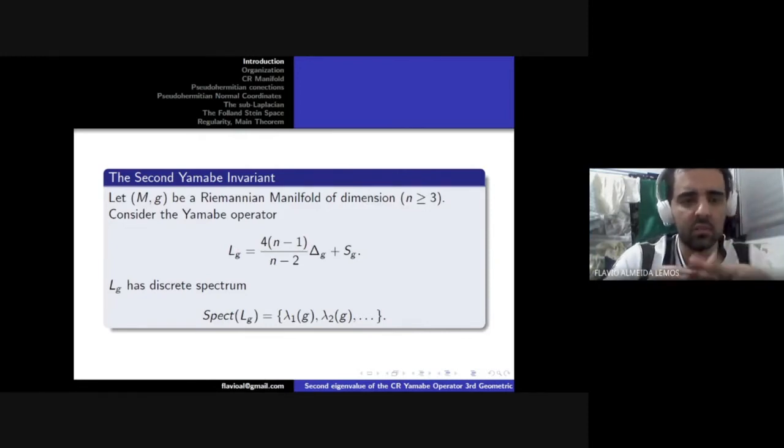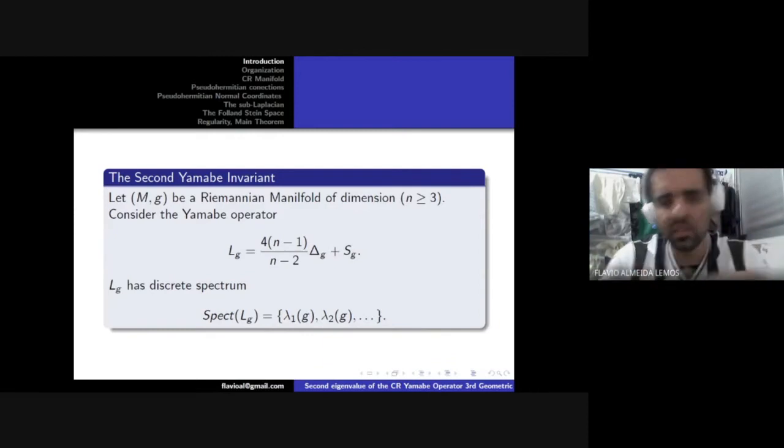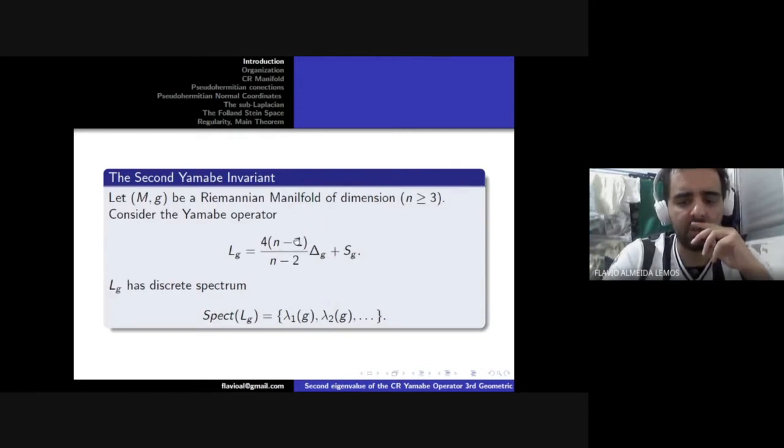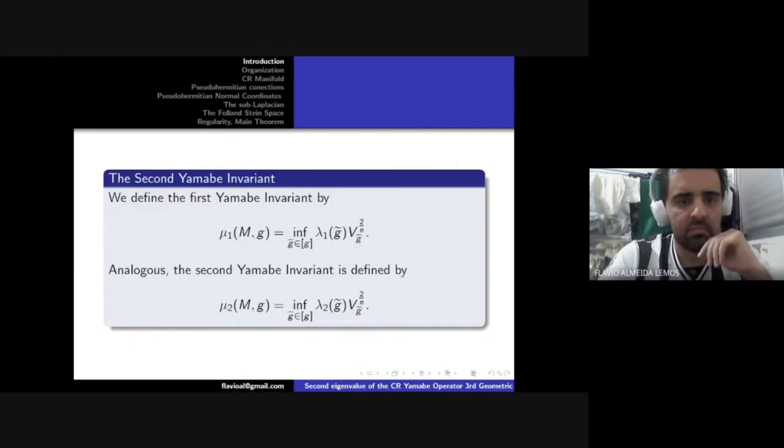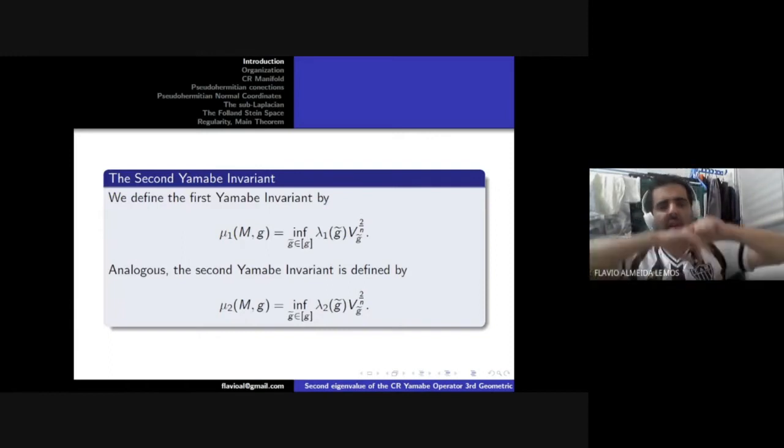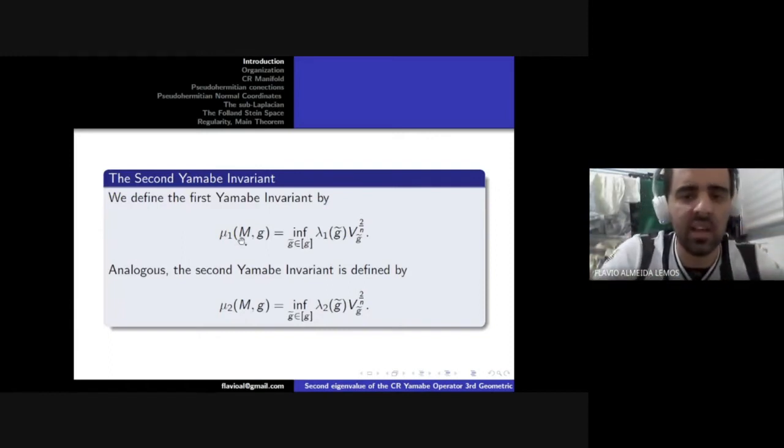We will define the second Yamabe invariant using the second eigenvalue of this operator. In the same way we can define the Yamabe invariant using the first eigenvalue.